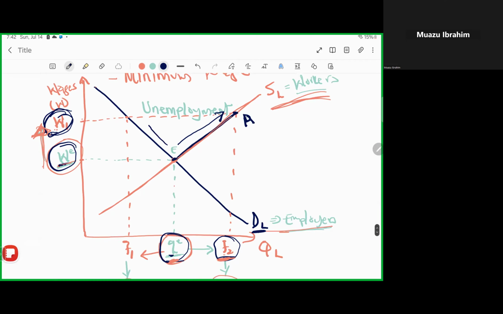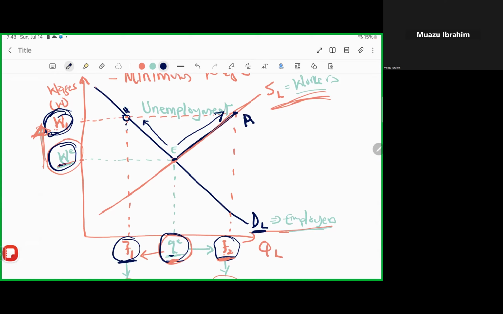The quantity demanded will fall to, let's say, H, where H is this one. So at that particular wage, the new demand will be Q1. So this will be the new demand for workers at which wage rate? W1.